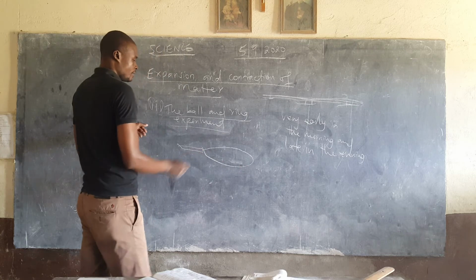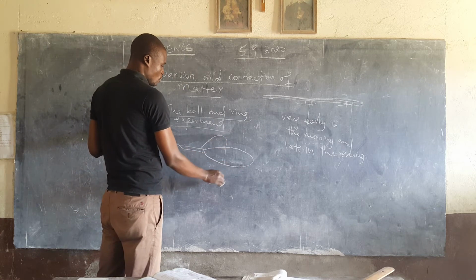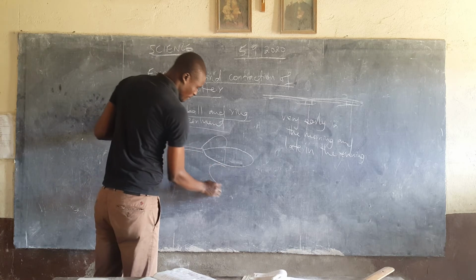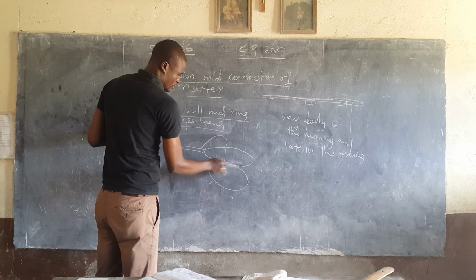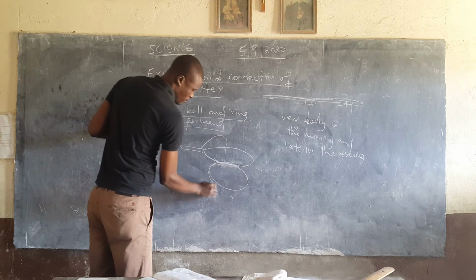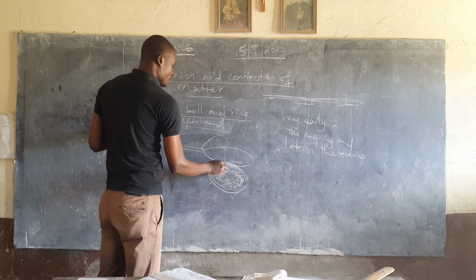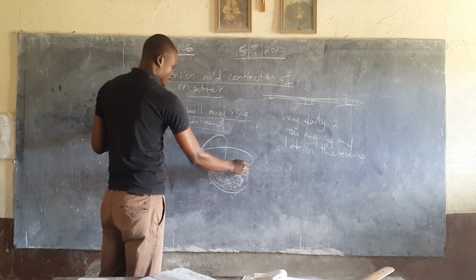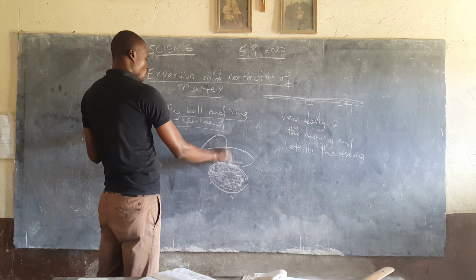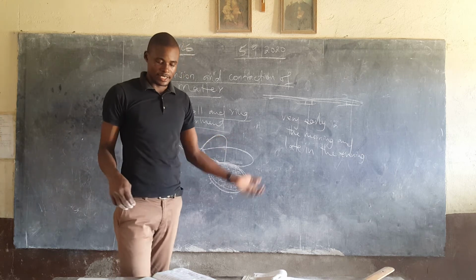This one is our ring. And then we put a ball. This is our ball, and our ball is held using a string that has gone through this ring here. So it can pass through the ring easily.